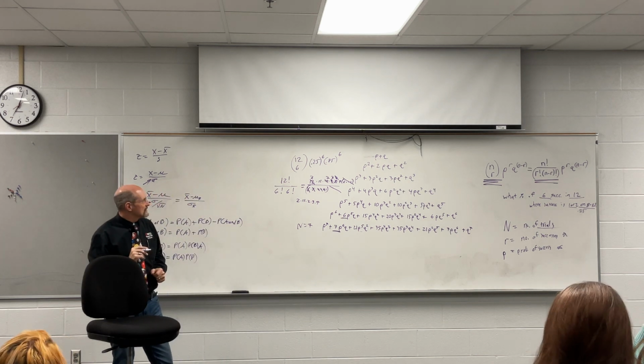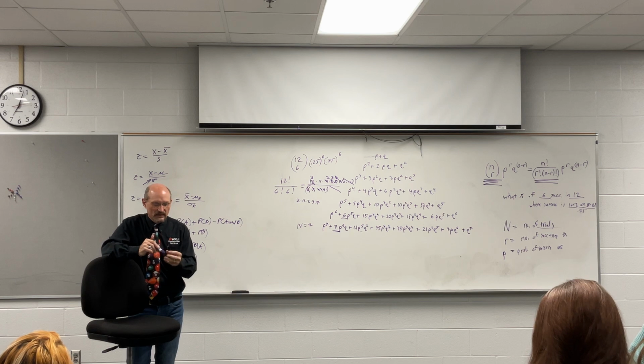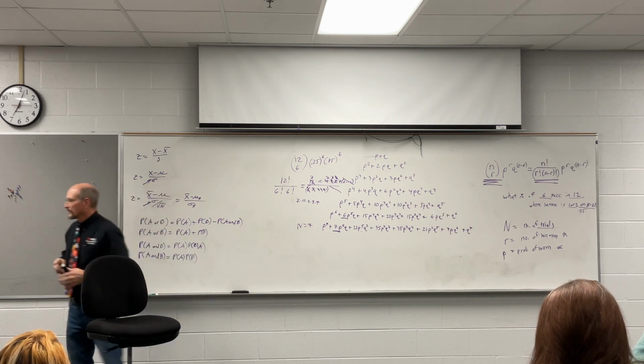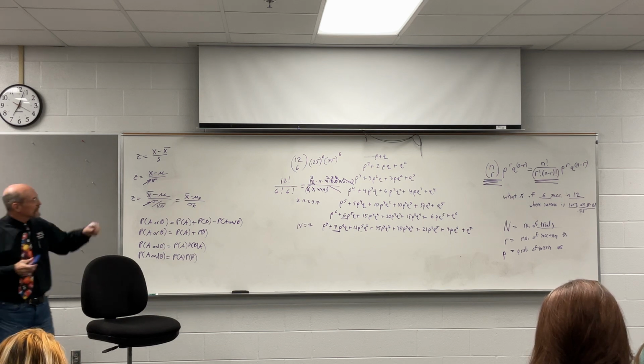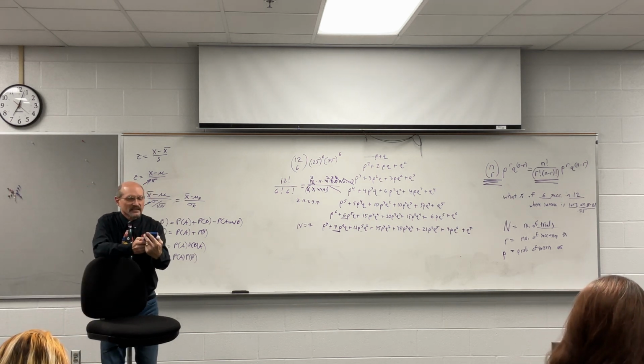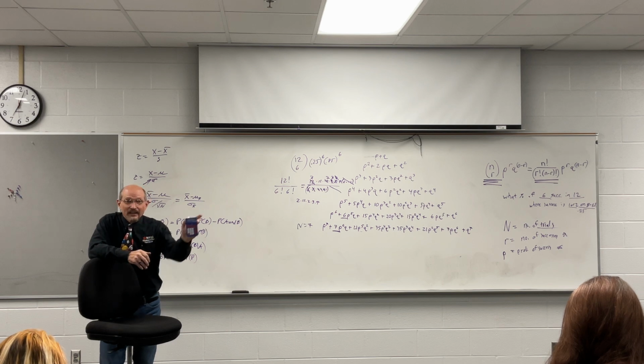I bet if I multiply the 2 times the 11 times the 2 times the 3 times the 7, I'll probably get 924. Let's see. 2 times 11 times 2 times 3 times 7, 924.